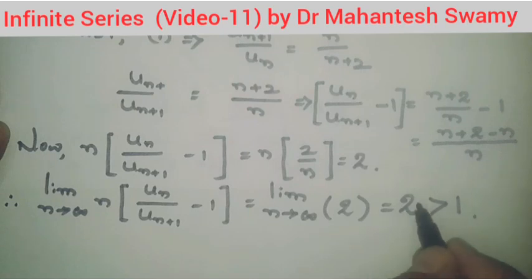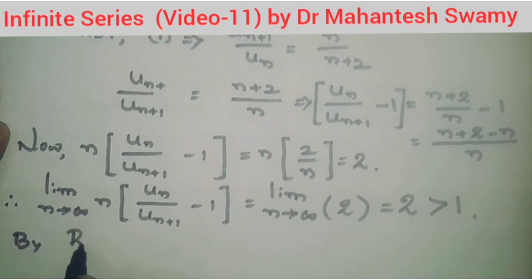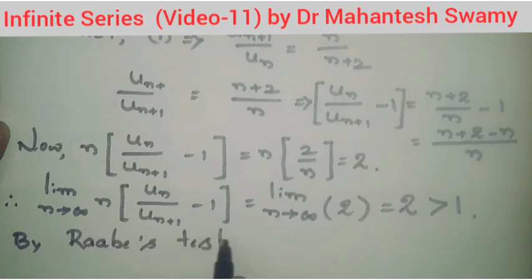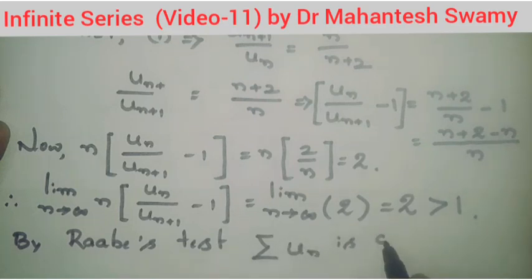So in the case of Raabe's test, when the value of the limit is greater than 1, the given series summation u(n) is convergent. This we have to keep in mind always. In the case of Raabe's test, when the limit is greater than 1, the series is convergent. On the other hand, when it is less than 1, it is going to be divergent. But in this case the number is greater than 1, therefore the given series is convergent.